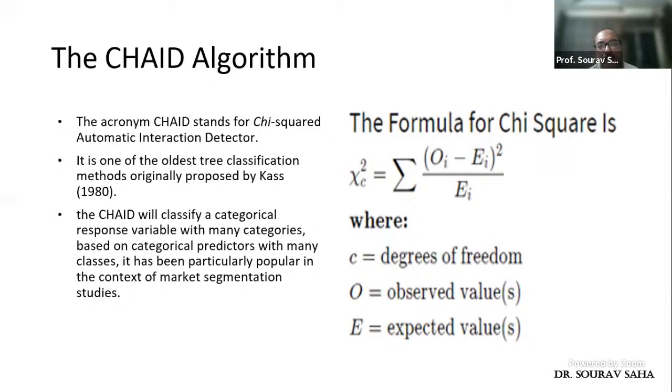But if we find that the observed value is radically different from the expected value, probably there is a chance that this particular variable is important.